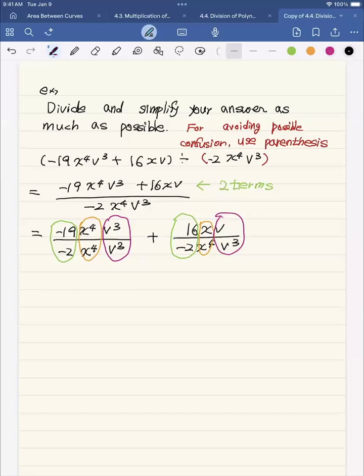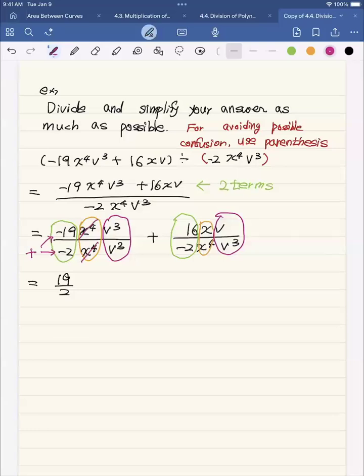Let's rewrite this like 19 over 2 because negative will make positive. And we know those two are the same, x to the fourth power, x to the fourth power are the same, so we cancel those out.